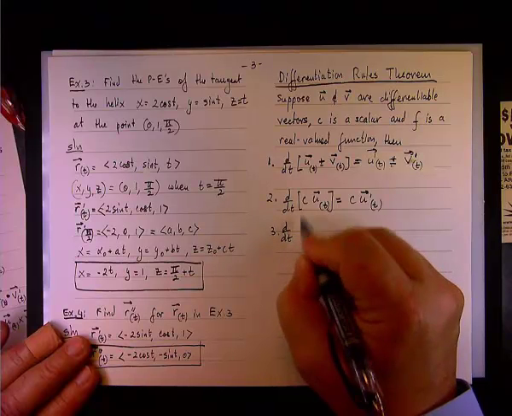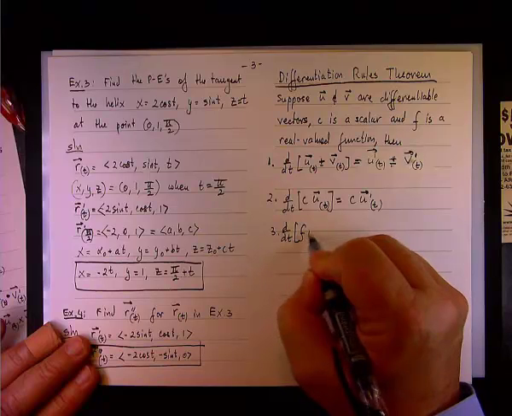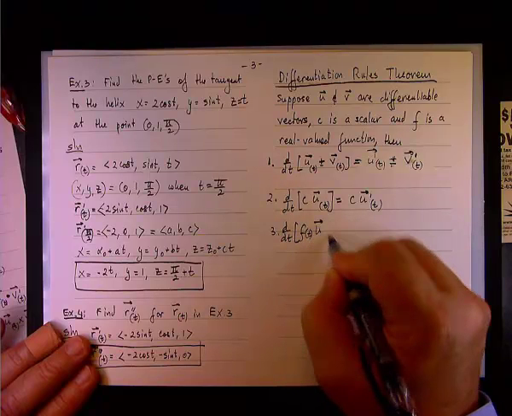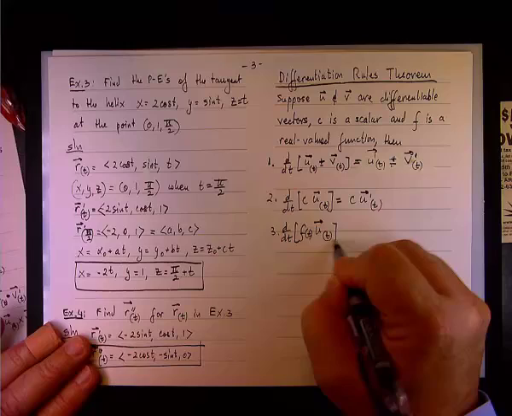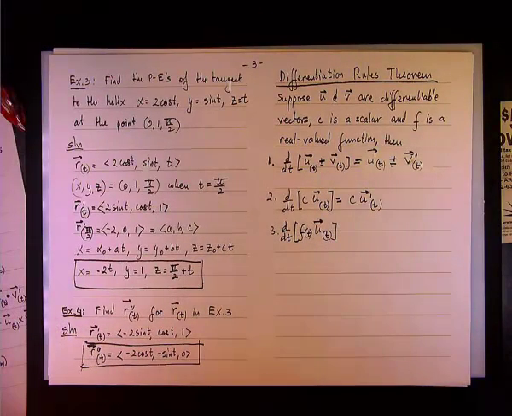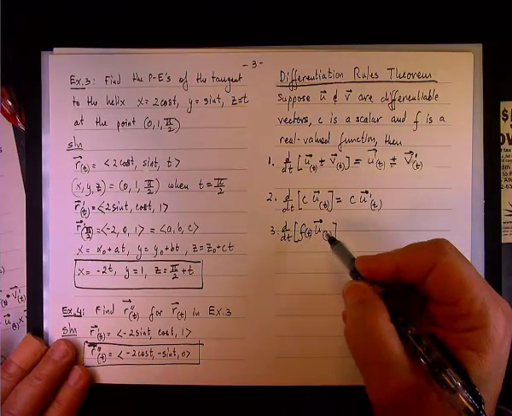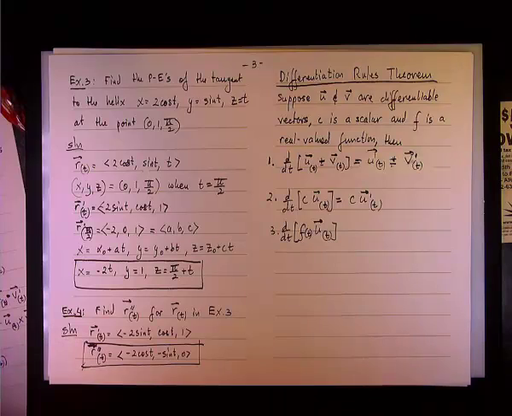How about when you have not a scalar c, but a function f of t multiplied by a vector u of t? So you have a product of two factors. The first factor is a real valued function, and the second is a vector, but both are functions of t. What did we do in Calc 1?